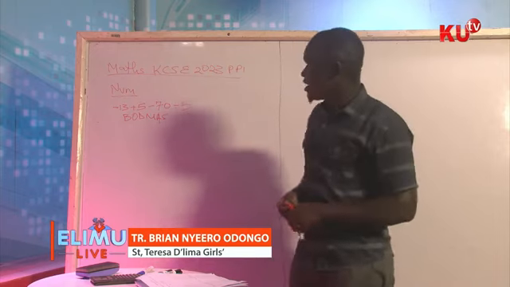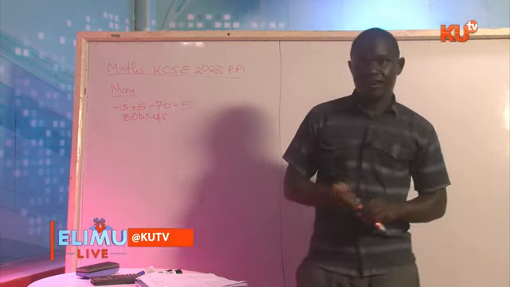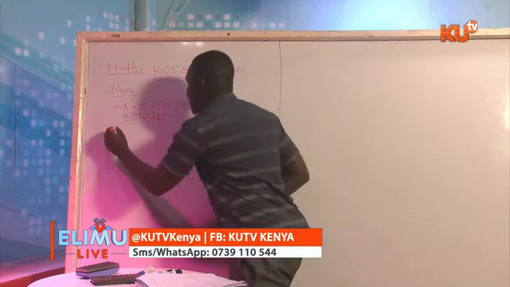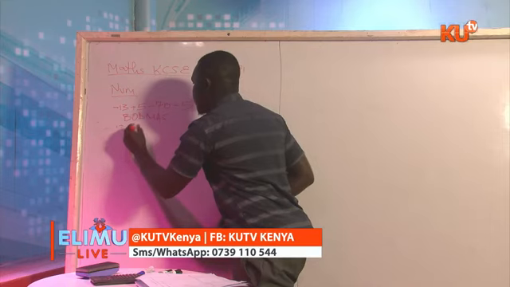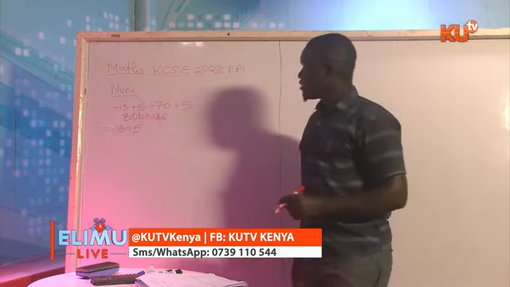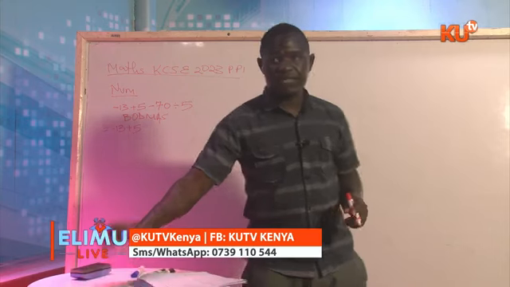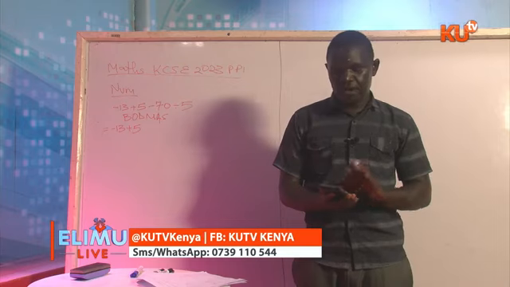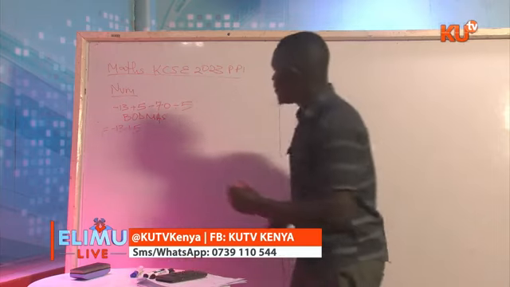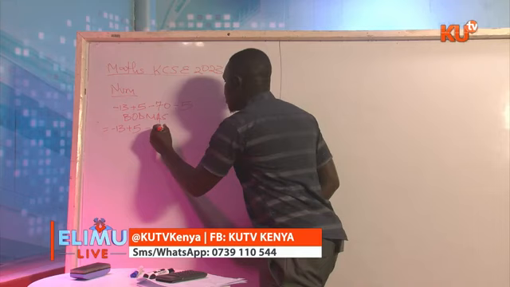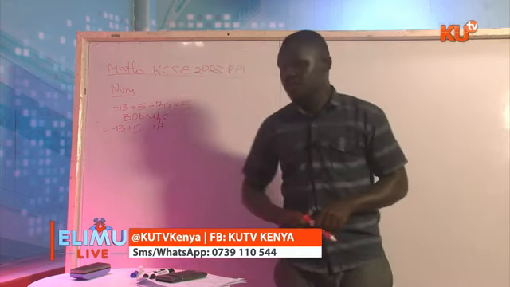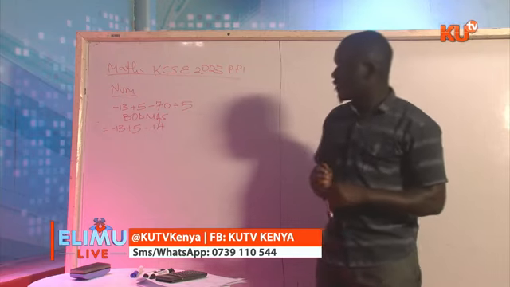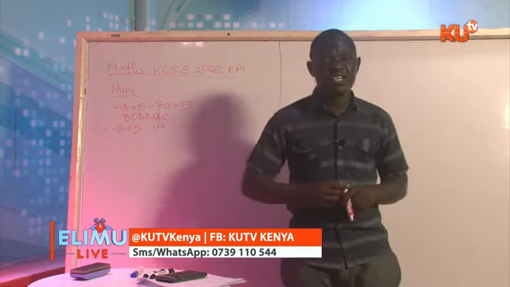We are going to divide 70 by 5. So this will be negative 13 plus 5, then 70 divided by 5. You just use your calculator, dear students. 70 divided by 5, you get 14. So this will be minus 14. When you are done with that, you have subtraction and addition.